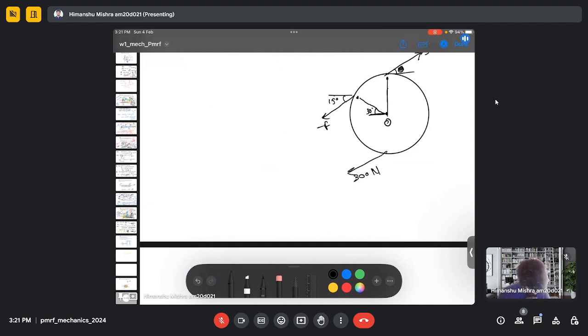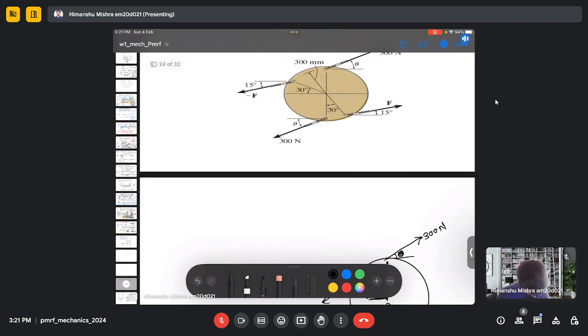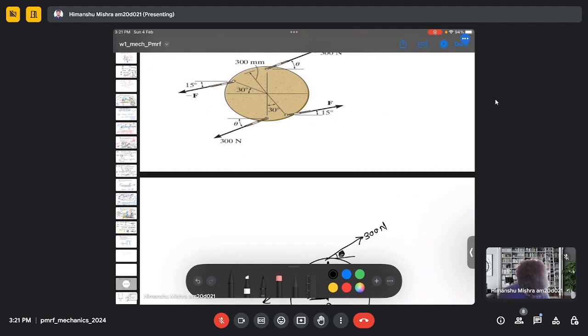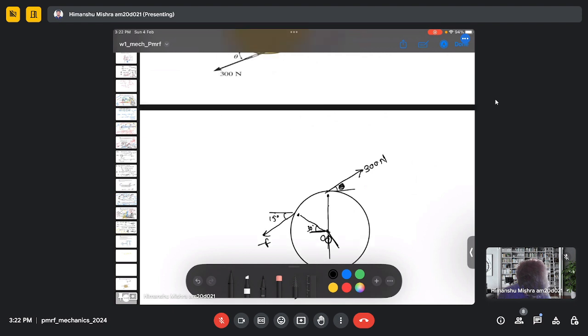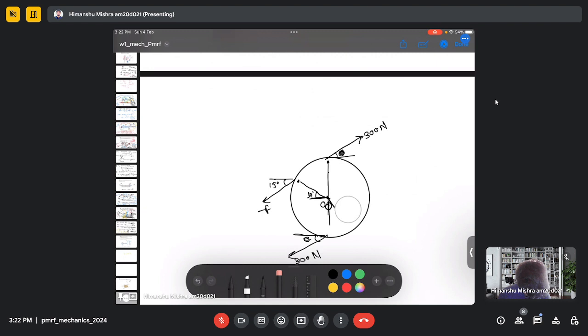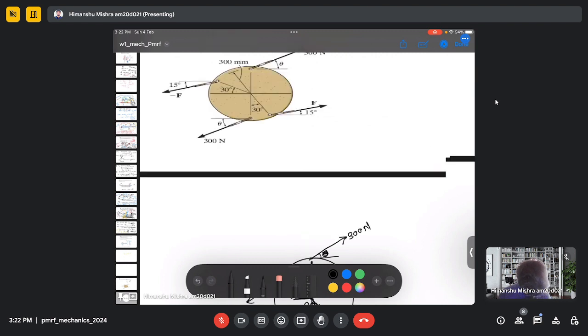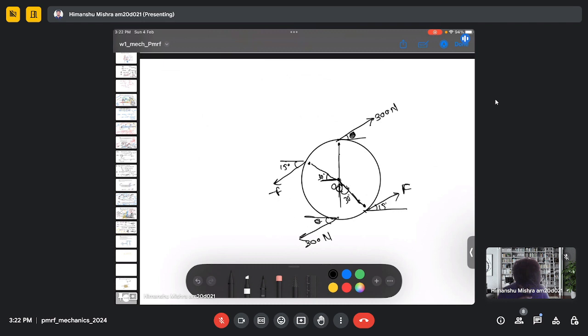This is my 300 Newton. And I have another unknown force. So let's determine the component of each of these forces.